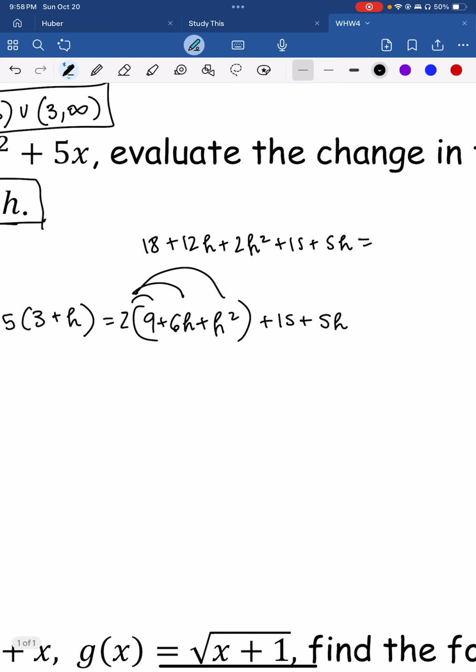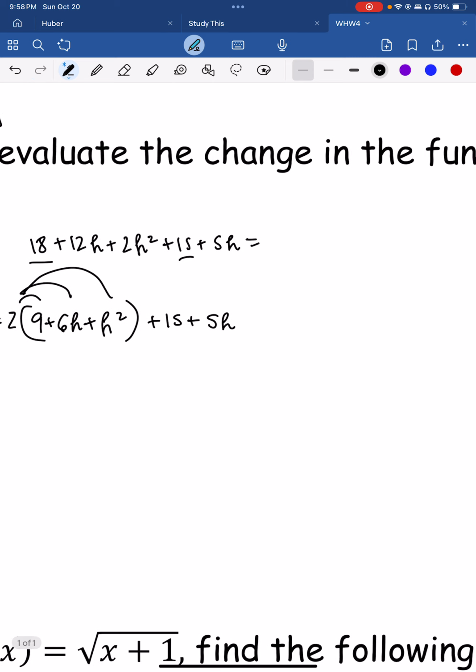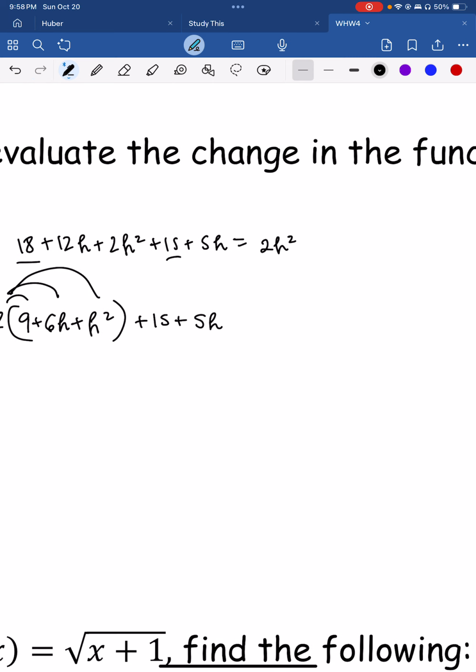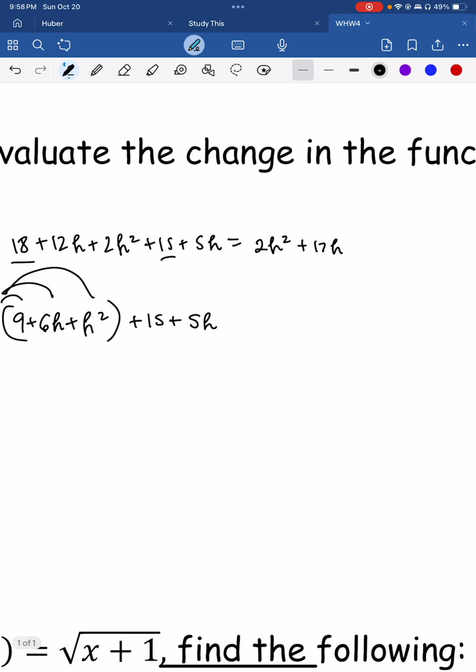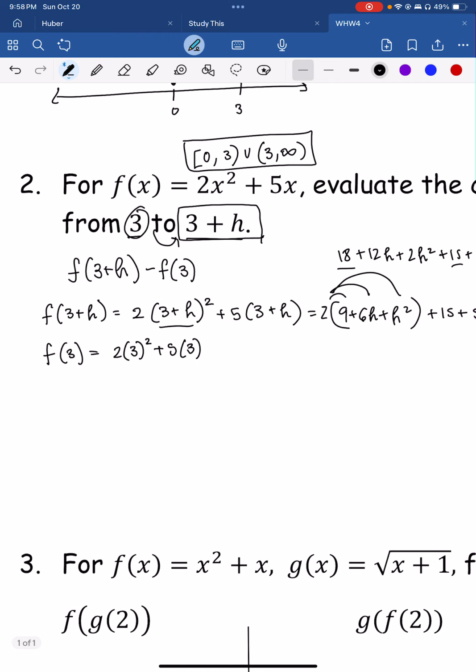So combining like terms, I see the 18 and the 15, but I'm going to write it with the highest degree first. So 2h squared plus 17h plus 15 plus 18, which is 33. So that's what I got for this one.